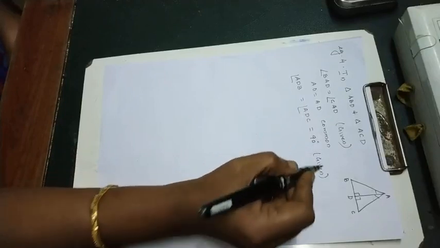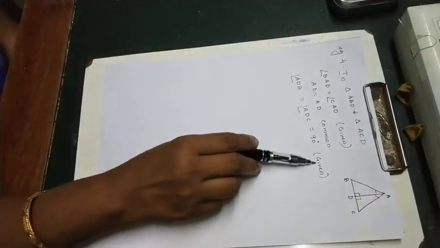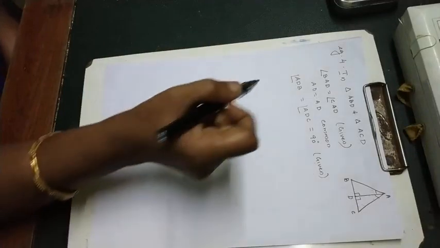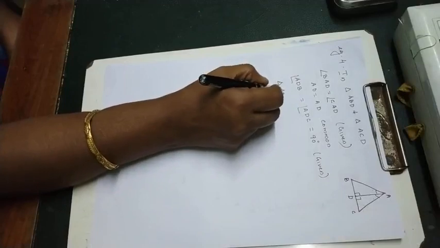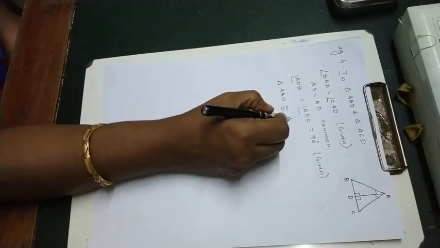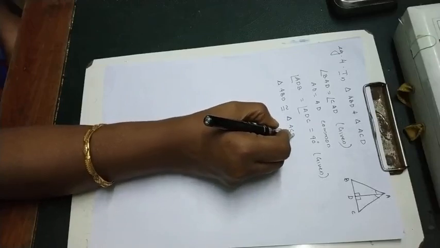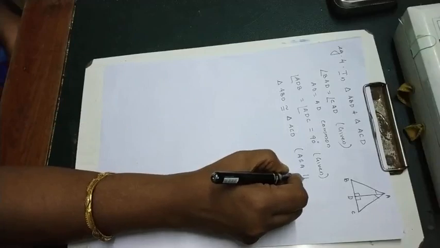In the textbook question itself it is given AD is perpendicular to side BC. So you can give the reason given. So the triangle ABD is congruent to triangle ACD by ASA theorem.